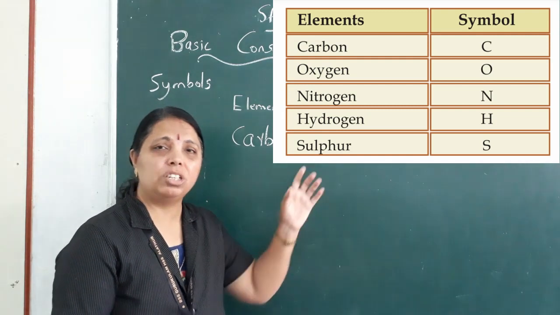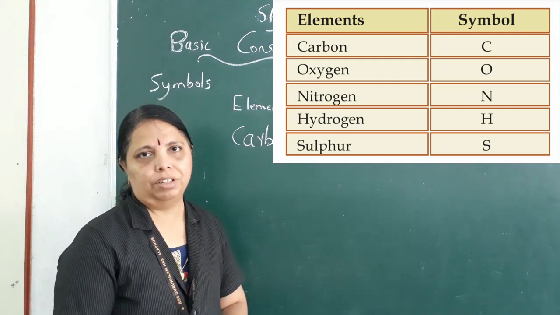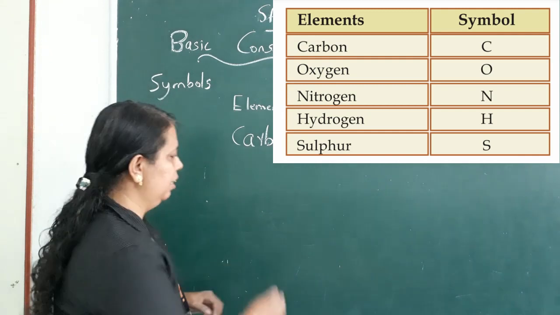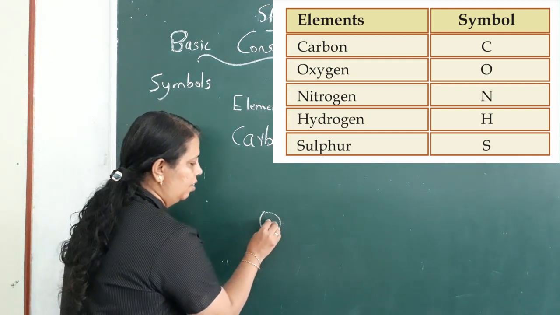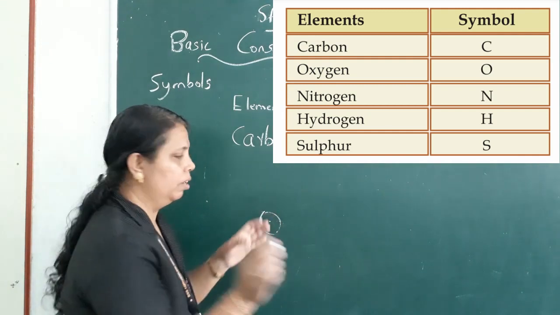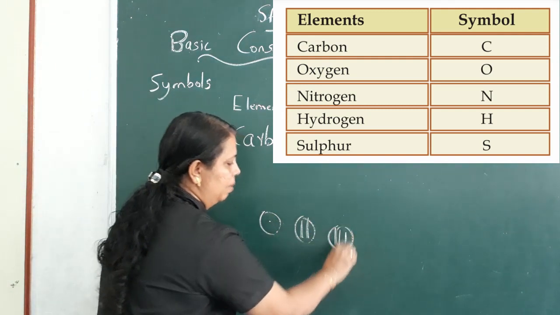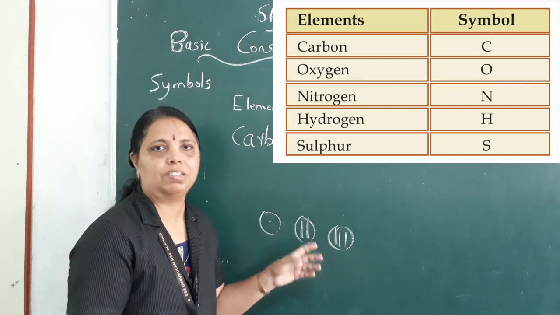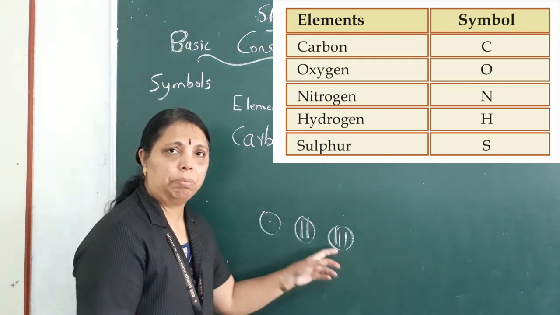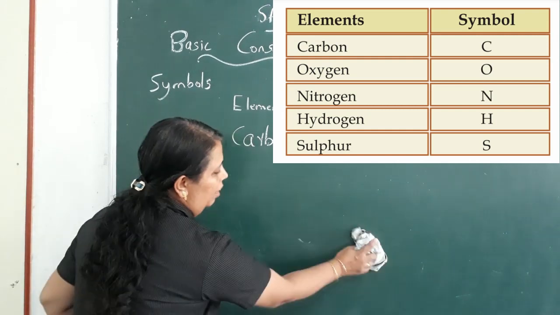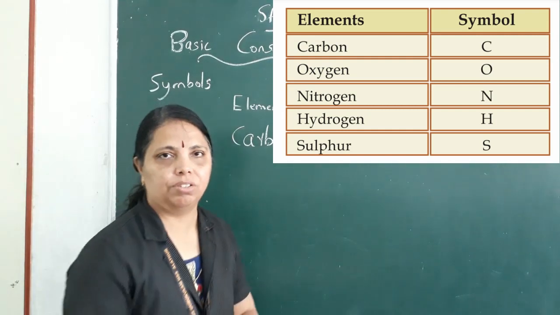Before that, pictures were given as symbols. For example, if hydrogen was given a circle and a dot, this is just an example, some other gas would have been given in some other manner. Hydrogen is not like this. So it was very difficult for us to understand, really tedious, and so they switched over to symbols.